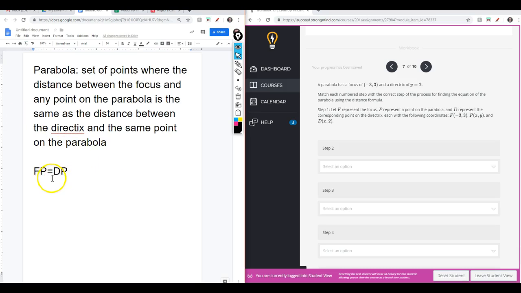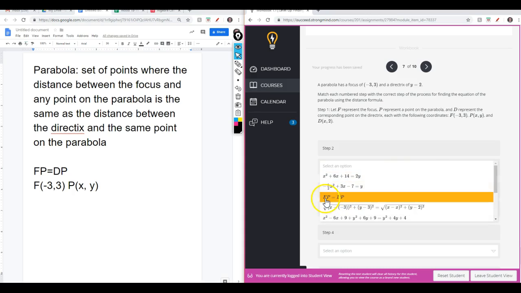So we're using the distance formula twice here. First, we're finding it for F to P, the focus to the point, and then again for D to P. So the focus to the point: the focus is located at (-3, 3), and the point is represented as (x, y) because it's any point on this parabola.